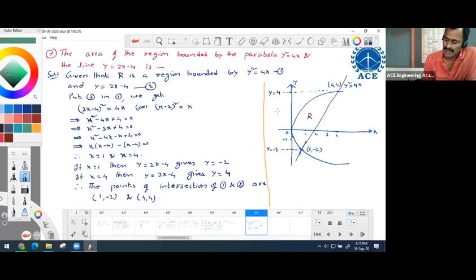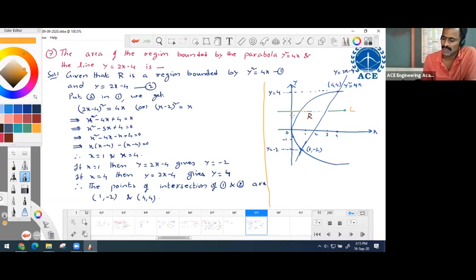We start at some point and move parallel to x-axis in the increasing direction. The line enters the region through this parabola curve, passes through the region and leaves the region through this straight line, y equal to 2x minus 4. For each value of y, x will vary from here to here only.